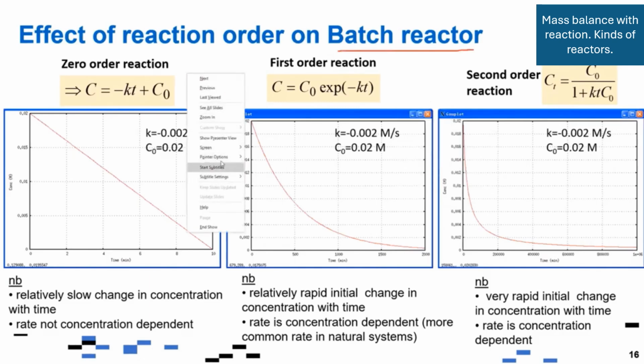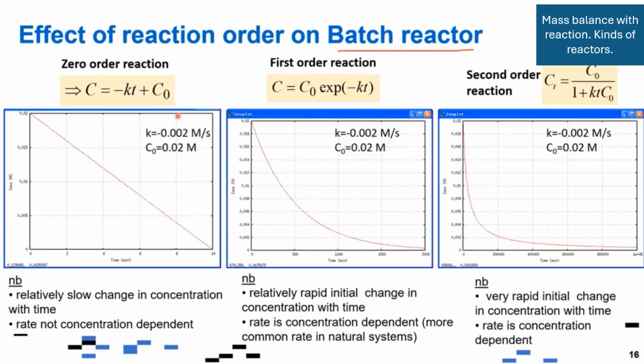The zero order reaction for a batch reactor is independent of the concentration. So it means that the reaction rate is constant here. It's just degrading consistently through time. So the concentration is just decaying in a linear manner because the reaction rate is constant.